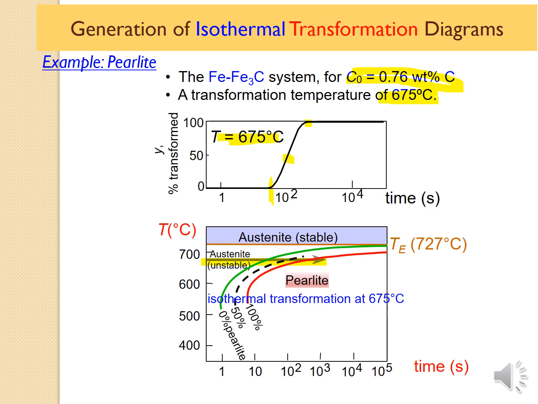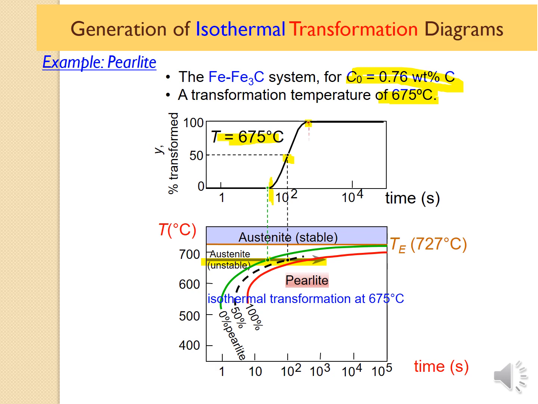After we read the time, 0% transformation is right before the transformation starts. We get that time and find the point of intersection with the temperature line. The second point is when 50% transformation completes, the middle point.